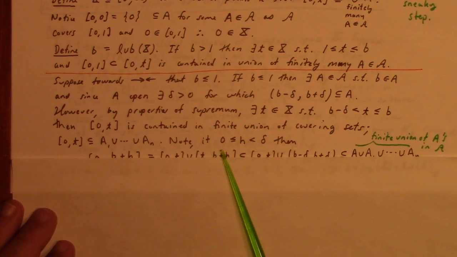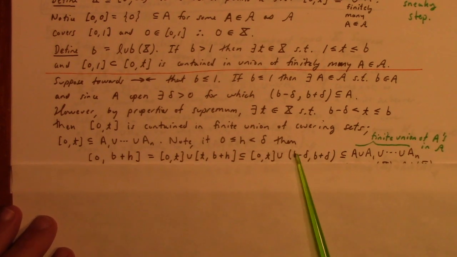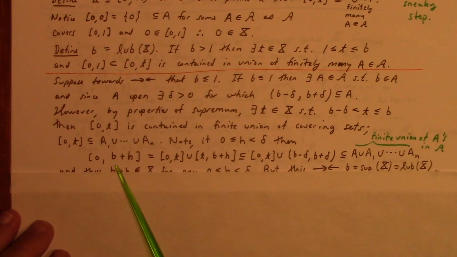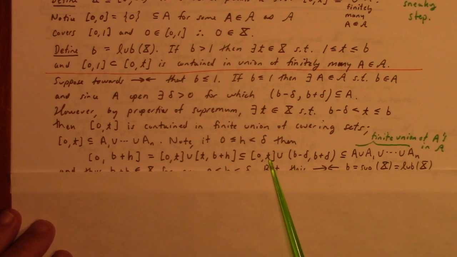But notice that if 0 is less than or equal to h less than delta, then 0 to b plus h, which is, by the way, 0 to t union t to b plus h, is a subset of 0 to t union with b minus delta to b plus delta, which is, by the way, a subset of this guy.